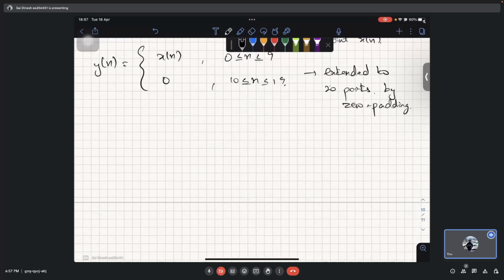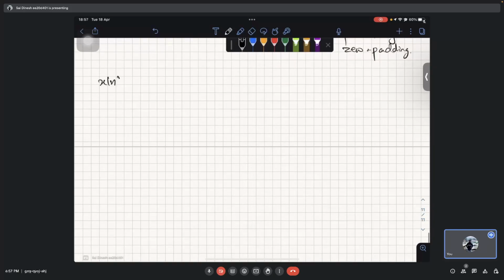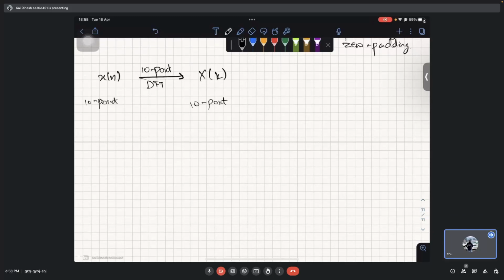So what does this mean? So x of n, if we take a 10 point DFT, we get x of k. It is 10 point, not equal to 0. So the real part, is it equal to 0?